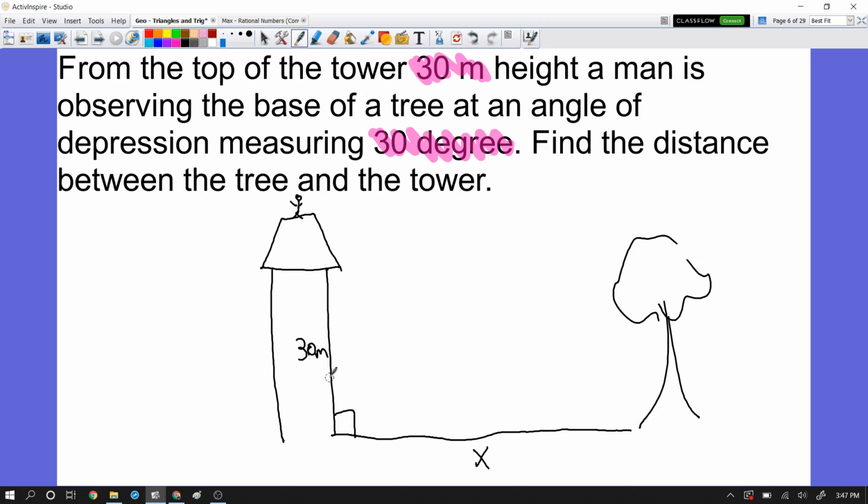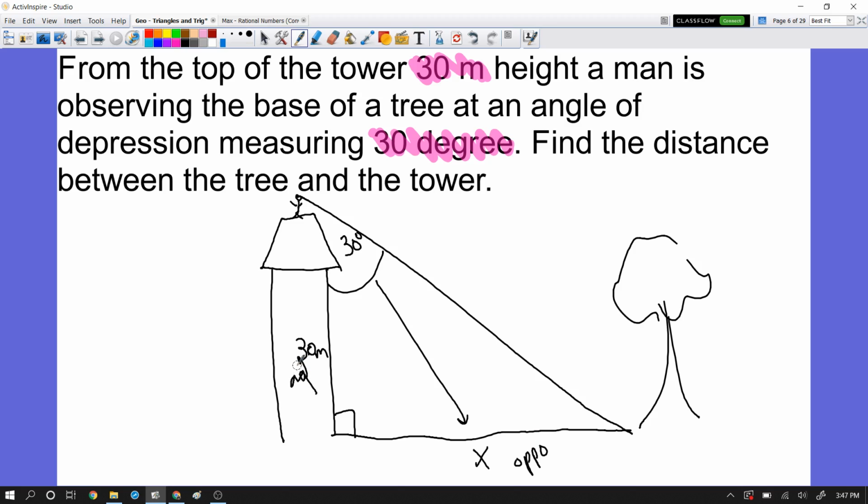So we know that that is 30 meters tall. He's observing the base of the tree. So he's looking like that, measuring 30 degrees. Opposite. Adjacent. Hypotenuse. So it wants you to find the opposite. So this looks like another tangent, x over 30.